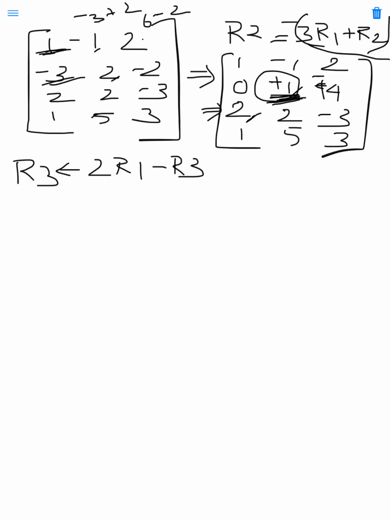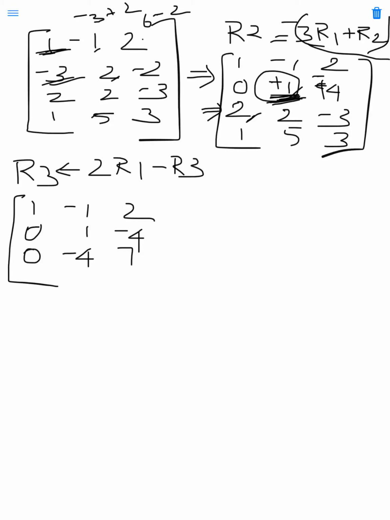Okay, so the matrix can be written like this: the first two rows stay the same, 0 1 minus 4, and the third row will be like 2R1 minus R3: 2 minus 2 will be equal to 0. Again 2R1 minus 2 minus 2 becomes minus 4. 2R1, 4 minus 3 will become 7.